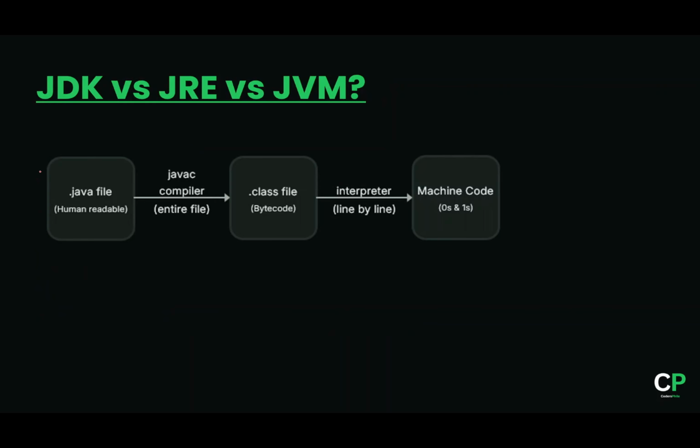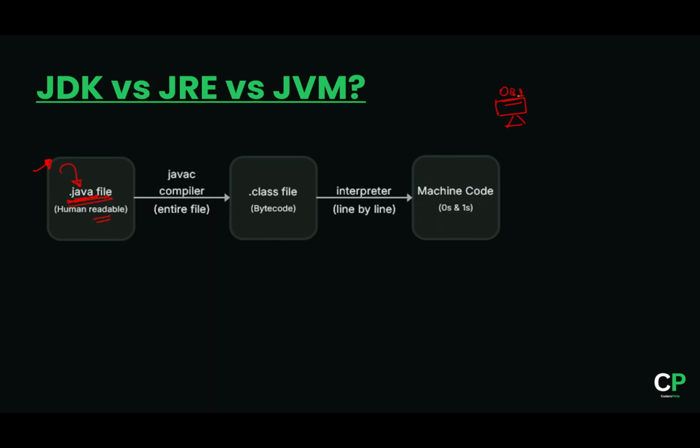Before starting this, let's understand what we have learned in the last video. In the previous video, I already explained how a Java program is actually executed. So let's quickly revise it. Basically we write our Java program in the .java file, which is human readable, but our computer can only understand zeros and ones.